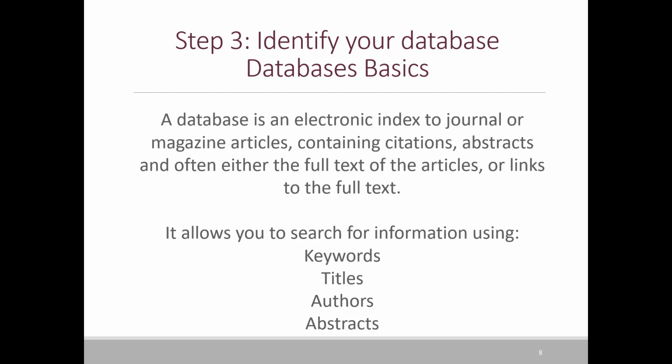The important thing to take note of databases is how they do their searches. They don't look through the full article always, and even if they did, they prioritize words found in the title, keywords, and abstracts of the article. You can also do specific author searches in databases. It is therefore very important to think about those alternative concepts because you're relying on only a few words available to bring back the article.